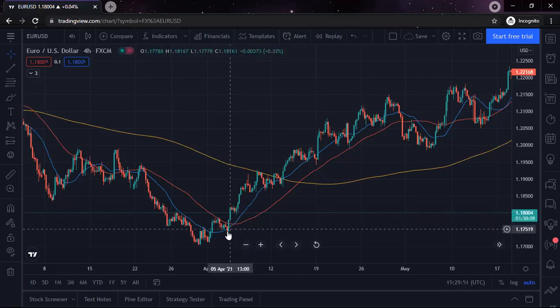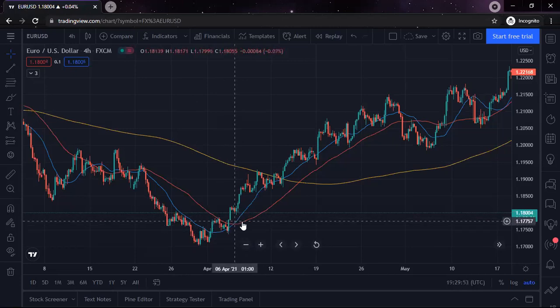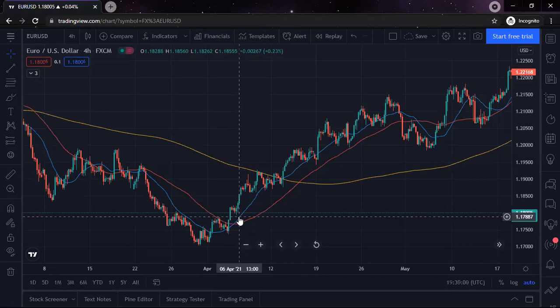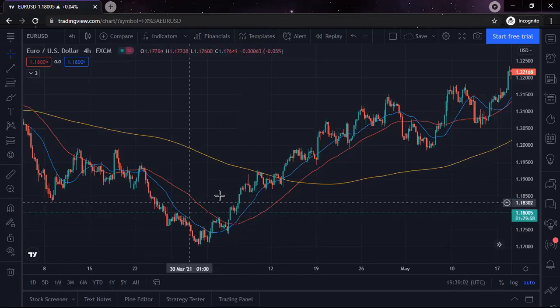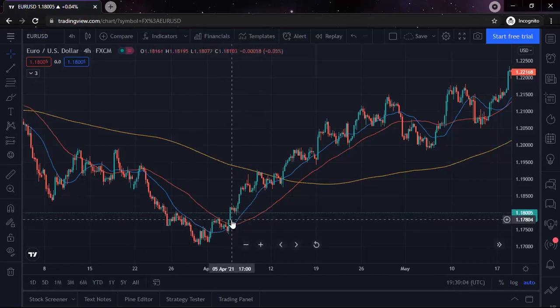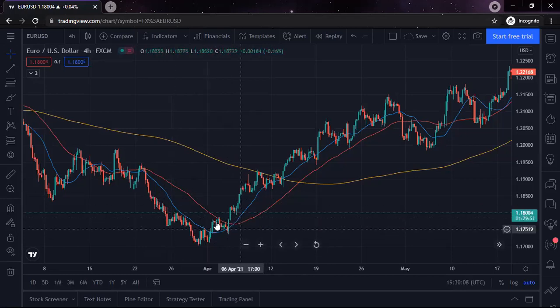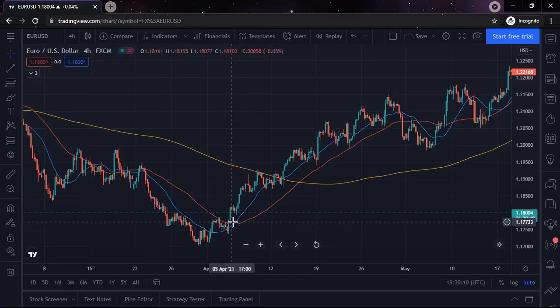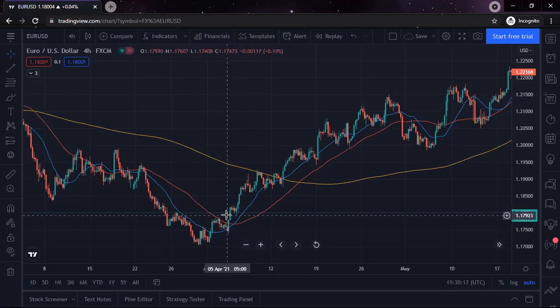We saw the 20 period moving average crossing the 50 period moving average. We wait for it, because when we see something like this, we are assuming that the trend is about to end and there is a reversal. With this reversal, we don't just jump on it. We wait.